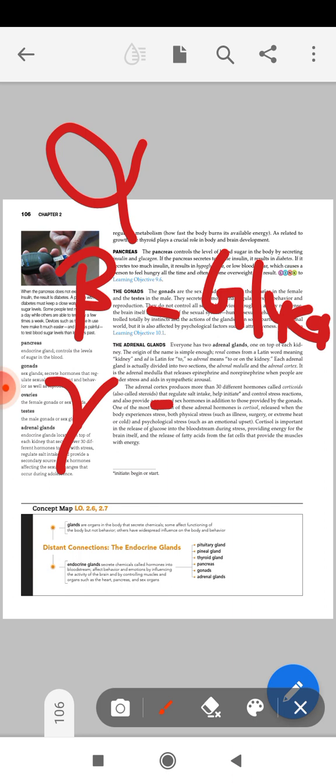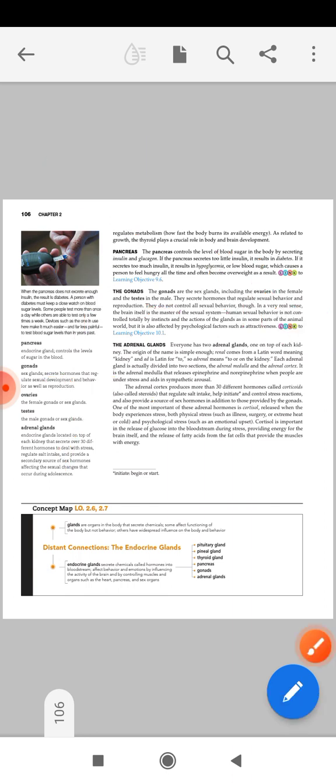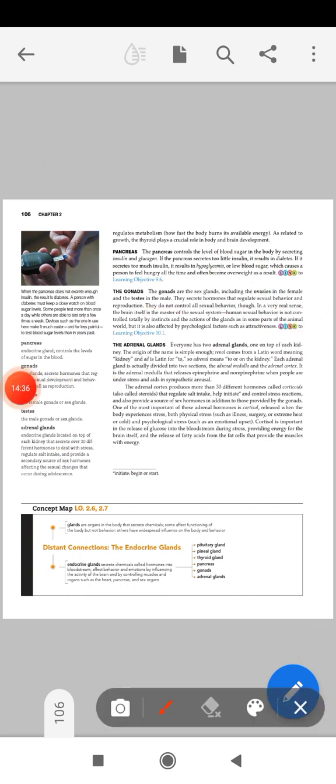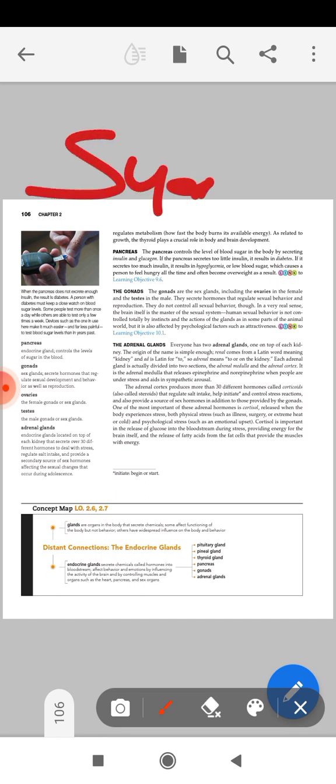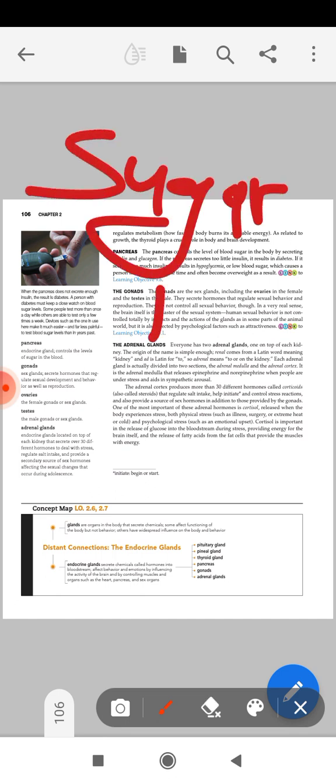So how insulin and glucagon work: when the sugar in our blood increases, the alpha cells of the pancreas release insulin, a hormone which converts sugar into glucose.